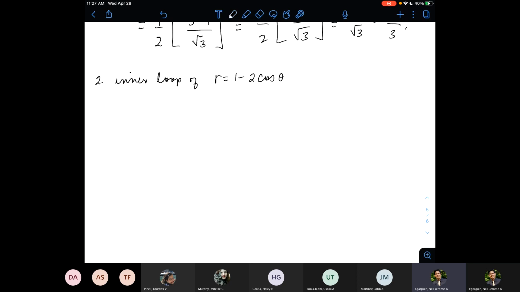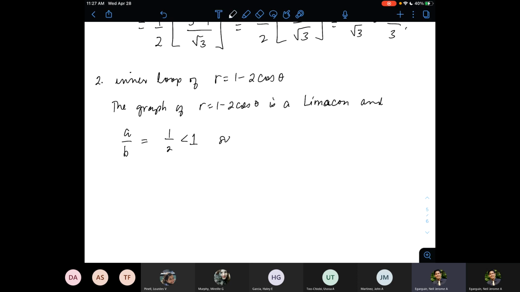But here I know that the graph of r equals 1 minus 2 cosine theta is a limaçon. And here a over b is equal to 1 over 2, which is less than 1. So we have a limaçon with a loop.